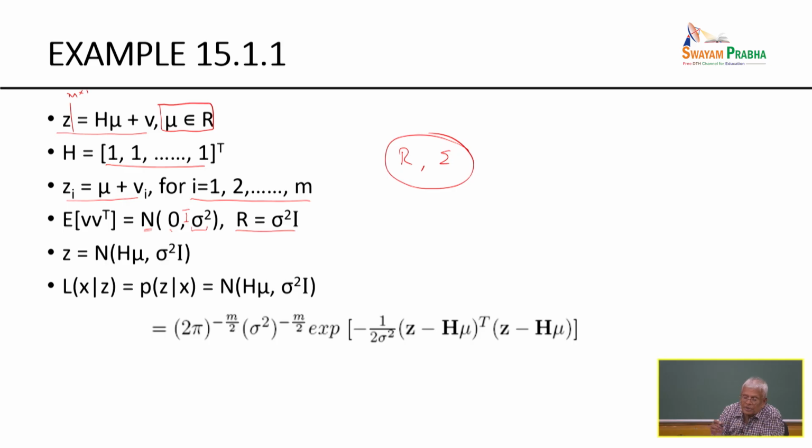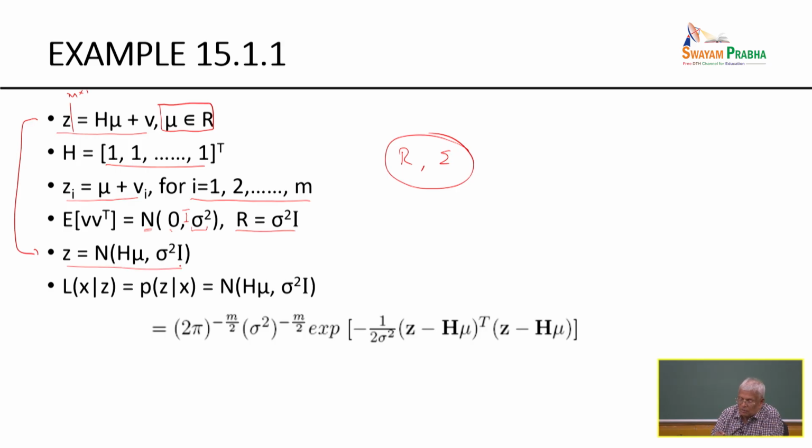Therefore, if I consider Z and apply these formulas, I already know the distribution of Z. H mu is a constant vector, but Z is probabilistic because of the noise V. I can compute the mean and the variance. If I add a constant to a Gaussian vector, the resulting vector is Gaussian.